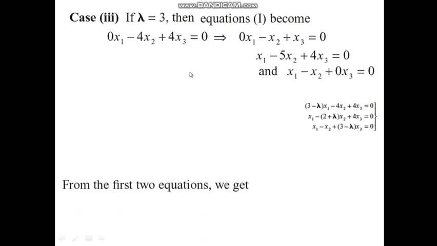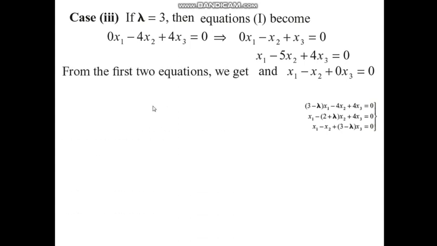We need only two different equations. So first we write the three unknowns x1, x2, x3. We have considered the first two equations as the two different equations. Take the x2 coefficient, x3 coefficient, x1 coefficient and x2 coefficient from the first equation, and the same from the second equation.